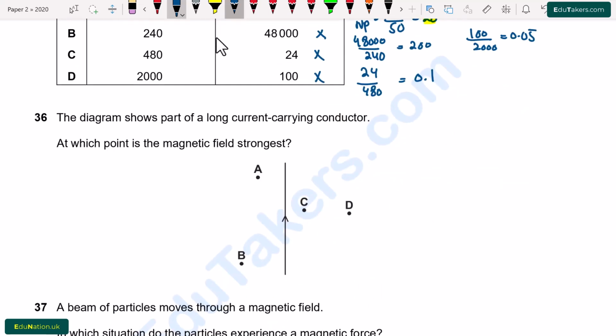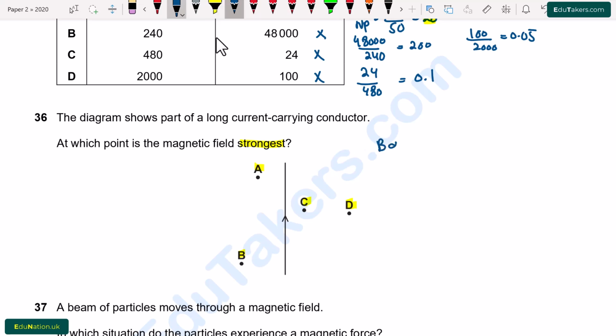Question number 36. The diagram shows a part of a long current carrying conductor. At which point is the magnetic field strongest? 4 points are shown: A, B, C and D. We know that the magnitude of the magnetic field depends upon the distance.